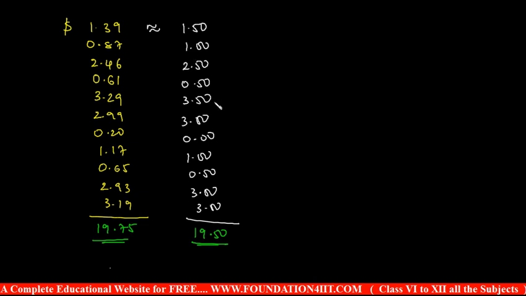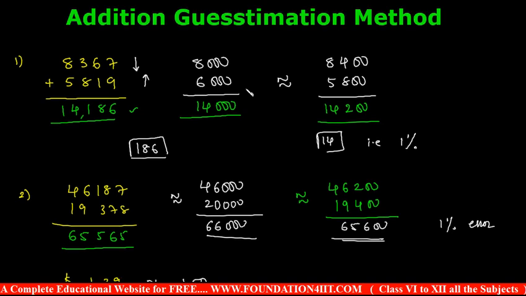You can apply these concepts in the supermarket. When you are putting items in the basket, you can roughly guess as you go, and even at the billing section you can verify randomly. You can follow these simple techniques for guesstimation of additions. Next, I will show the techniques for subtraction, multiplication and divisions also.